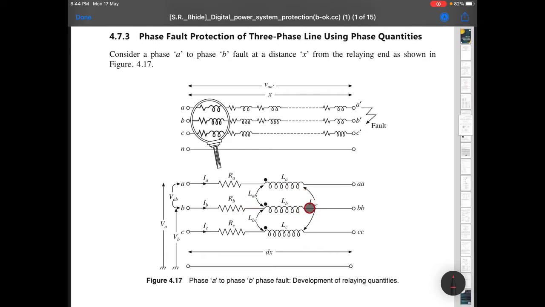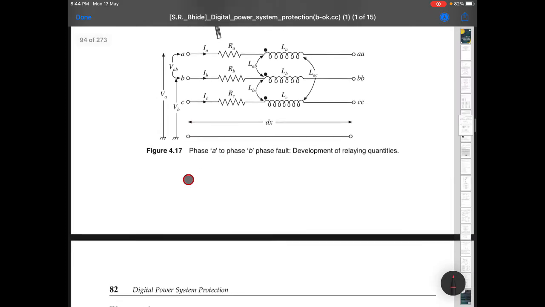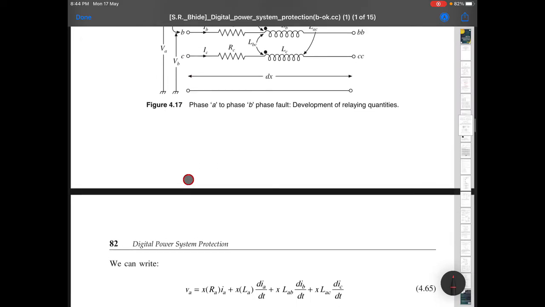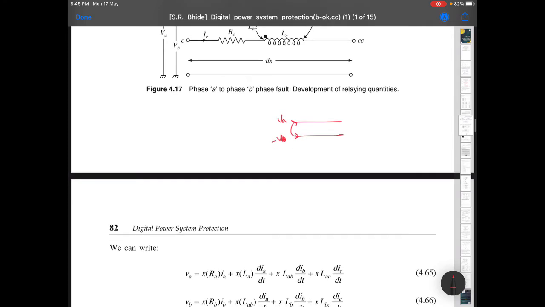Here mutual inductance is shown and self inductance is also shown, and we have different currents and voltages. We will try to derive the voltage between phase A and B, because there is a short circuit between the lines, or fault between these two. So VA minus VB will give the voltage difference between the two.